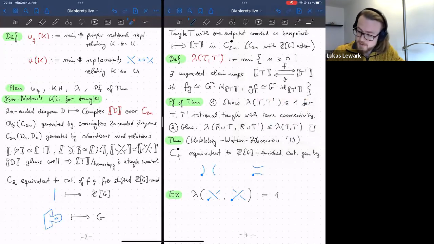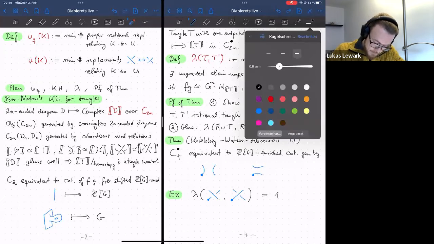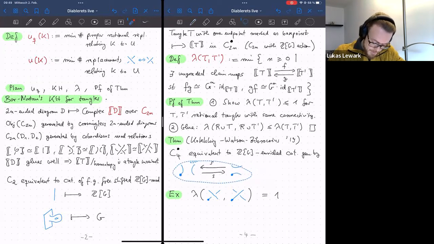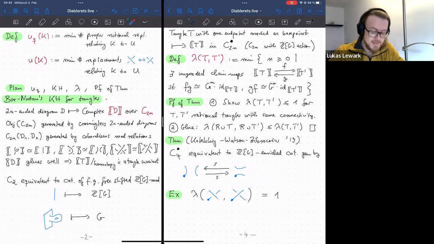And now for the morphisms, you just need the identity morphisms and morphisms here, which I will call S. As you can imagine, S is for saddle, because that's actually the cobordism it corresponds to in Bar-Natan's model. For cobordisms, you have these two saddles, and then you have all compositions of saddles, and you can sum and you can multiply by G. That's what I mean by generated as a Z[G]-enriched category.